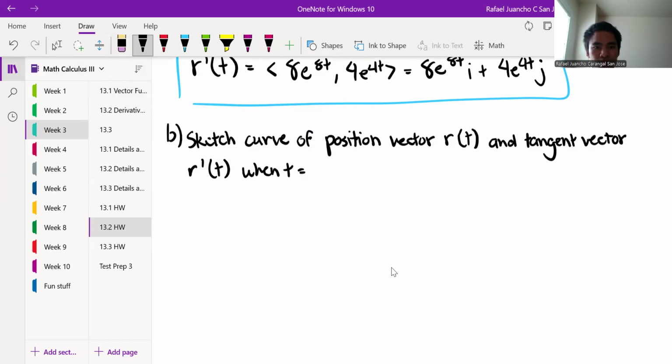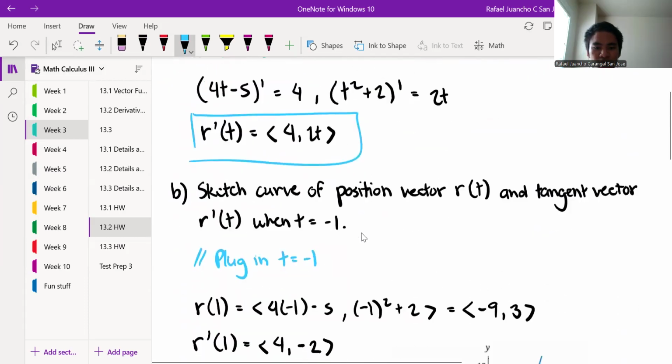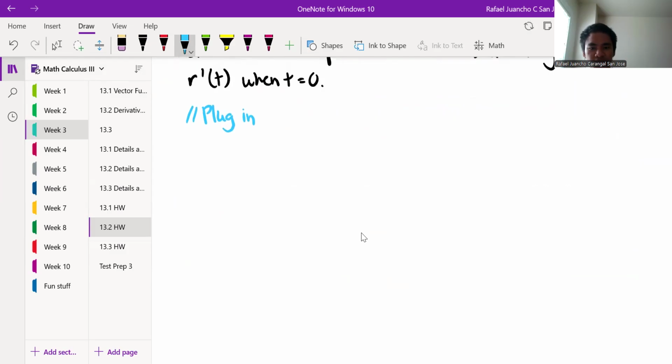It's not working. Okay, there we go. When t is 0. So again, we want to plug in the t-value. So we plug in t equals 0 for both the position and tangent vector.